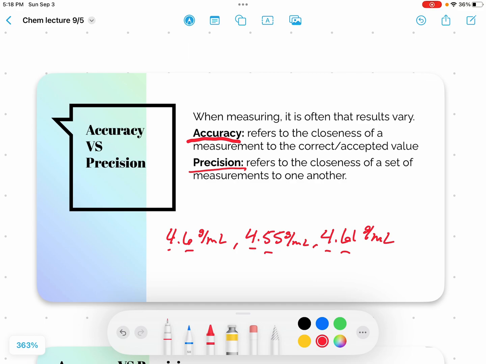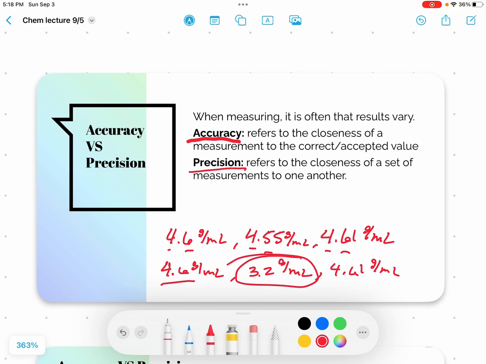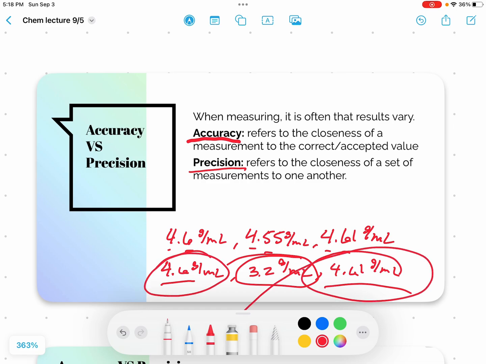If I had another example where it was like 4.6 grams per milliliter, 3.2 grams per milliliter, and then back to our 4.61 grams per milliliter, I would say this guy right here would not be precise. He is not close to these two numbers whatsoever. But these two definitely could be precise.